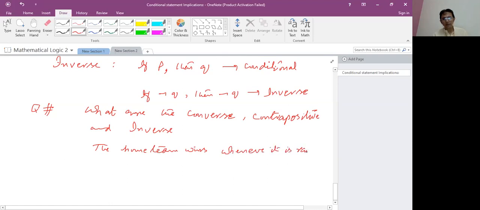It means the home team, it is in a problem. This is called conditional statement. Whenever, it means in another way, you replace the word then with whenever, so both are conditional. So first you will identify, with the help of the given statement, P and Q.